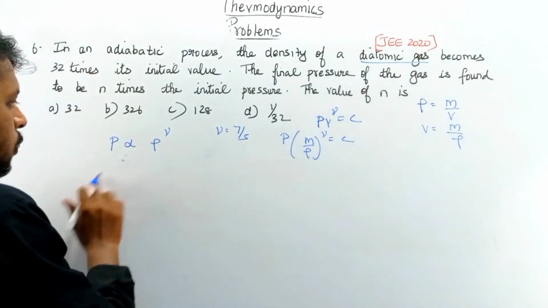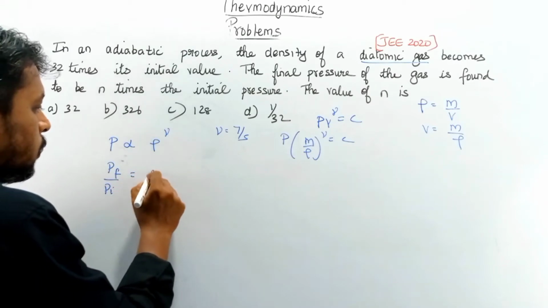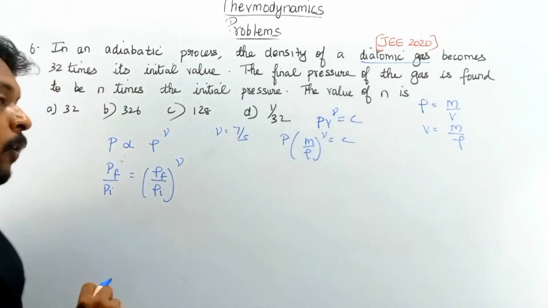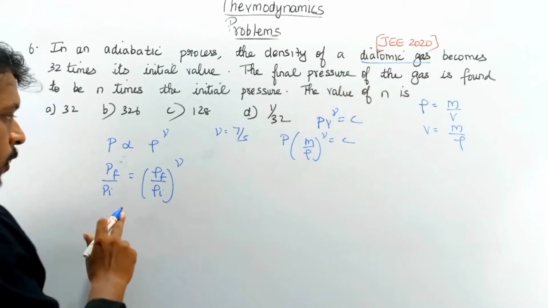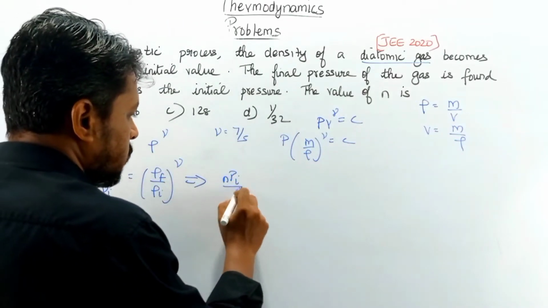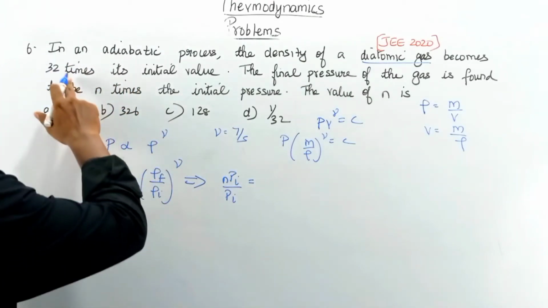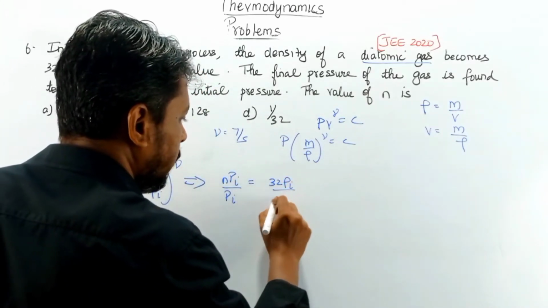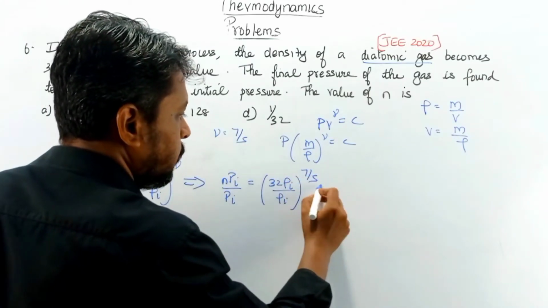So P final by P initial is equal to (rho final by rho initial) to the power gamma. The final pressure is n times the initial pressure, so n times P initial by P initial is equal to (32 rho initial by rho initial) to the power 7 by 5.